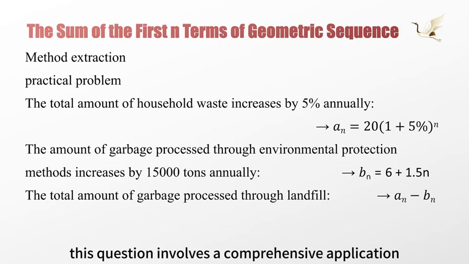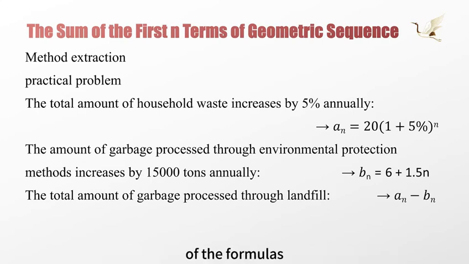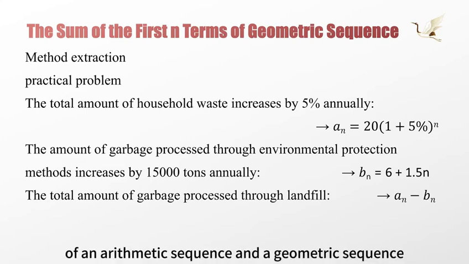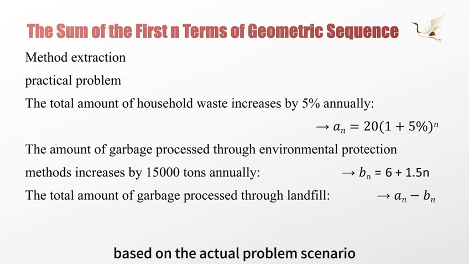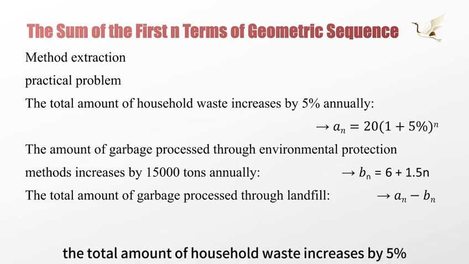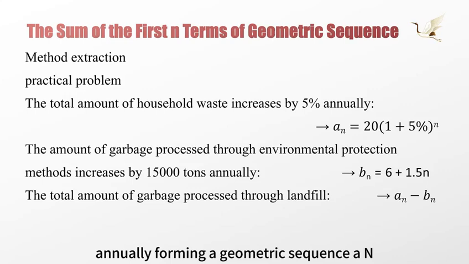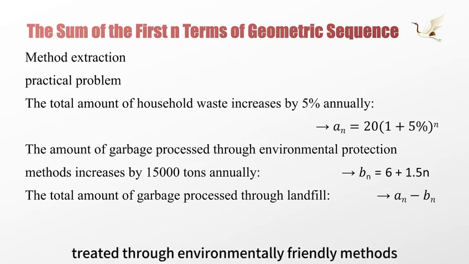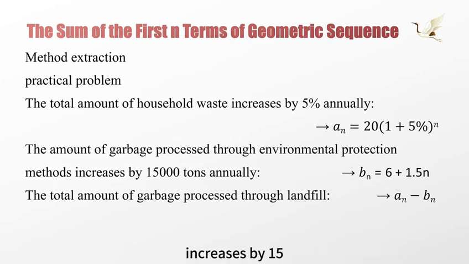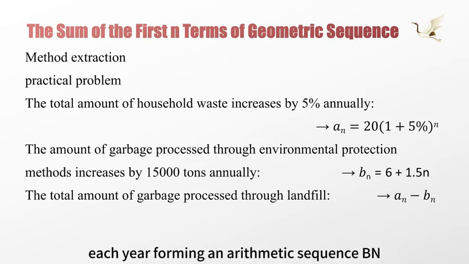This question involves a comprehensive application of the formulas for the sum of the first n terms of an arithmetic sequence and a geometric sequence. Based on the actual problem scenario, we can construct two sequences. The total amount of household waste increases by 5% annually, forming a geometric sequence An. The amount of waste treated through environmentally friendly methods increases by 1.5 each year, forming an arithmetic sequence Bn.